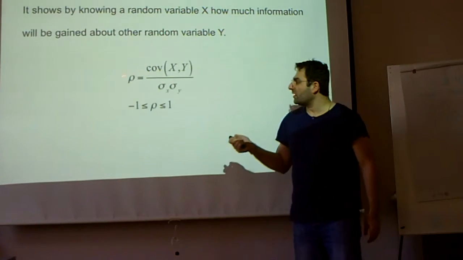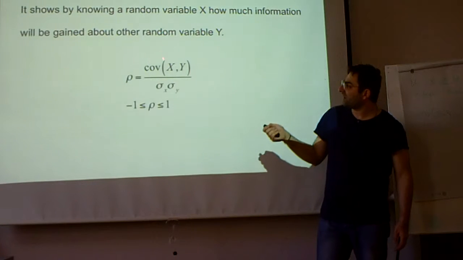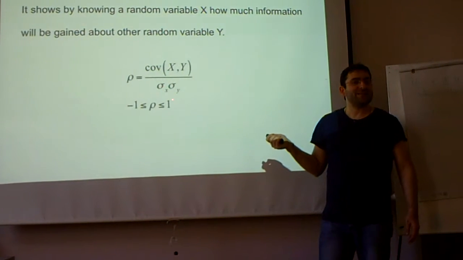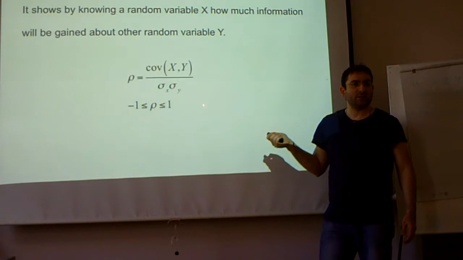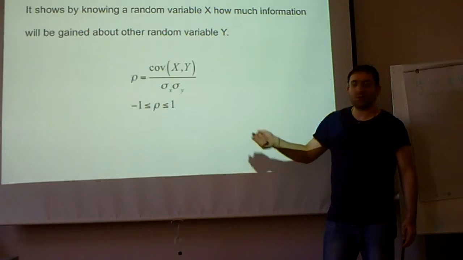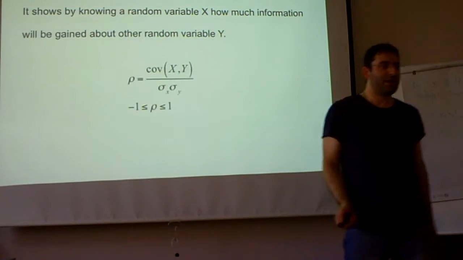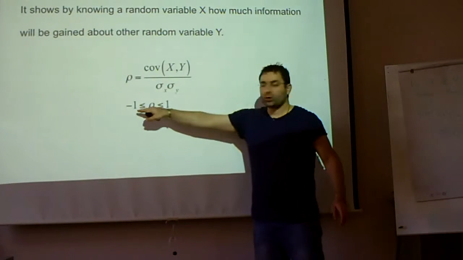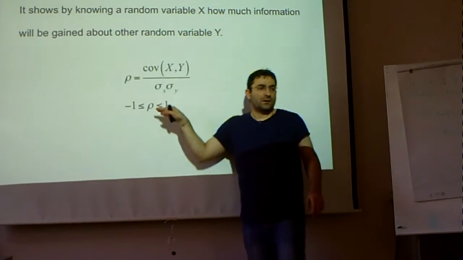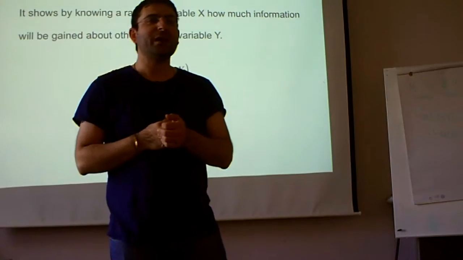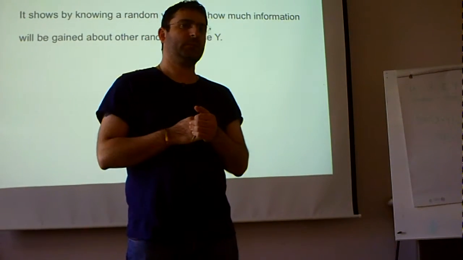The correlation coefficient, rho, is calculated as the covariance of x and y divided by the standard deviation of x multiplied by the standard deviation of y. Remember, sigma squared is variance, and sigma alone is the standard deviation. Now, rho is a number between -1 and 1.